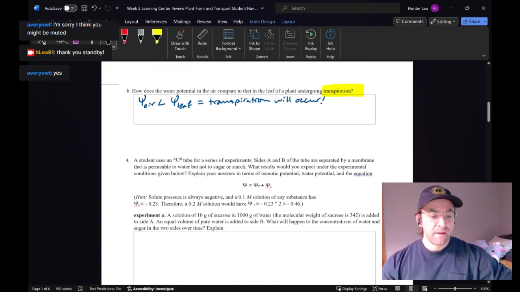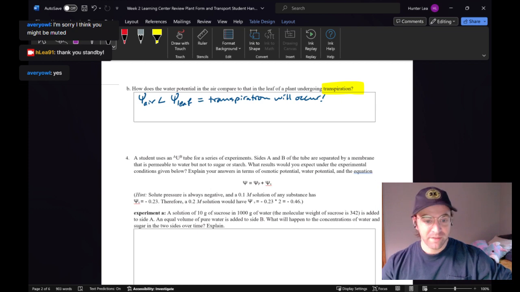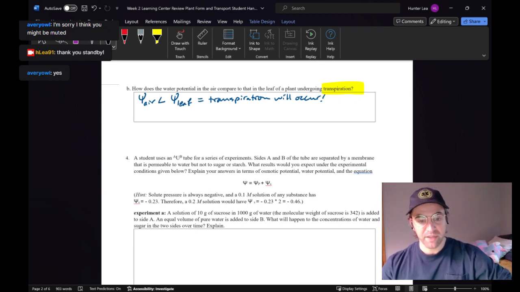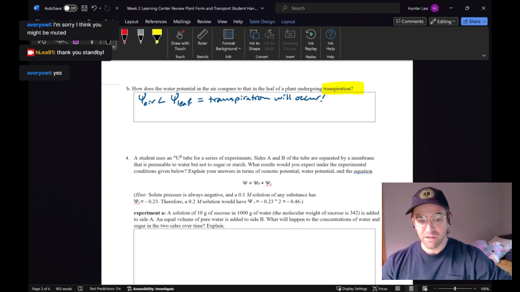All right. So a student uses a U-tube for a series of experiments. Sides A and B of the tube are separated by a membrane that is permeable to water, but not to sugar or starch. What result would be expected under the experimental conditions given below? And explain your answers in terms of osmotic potential, water potential, and the following equation.